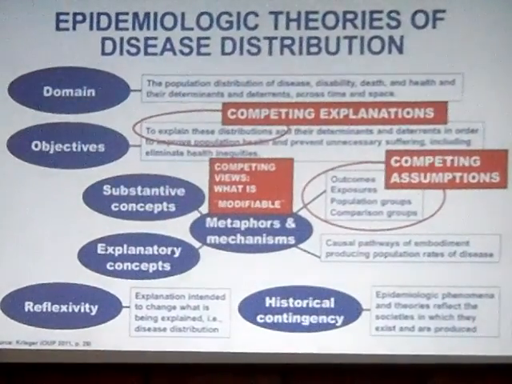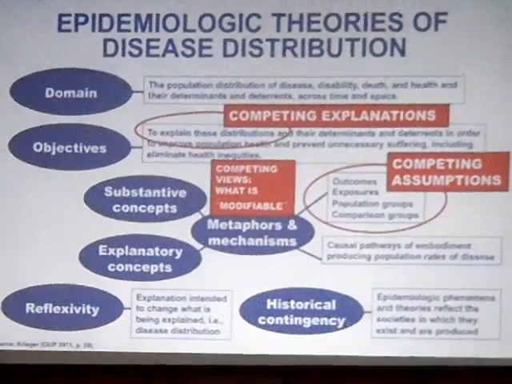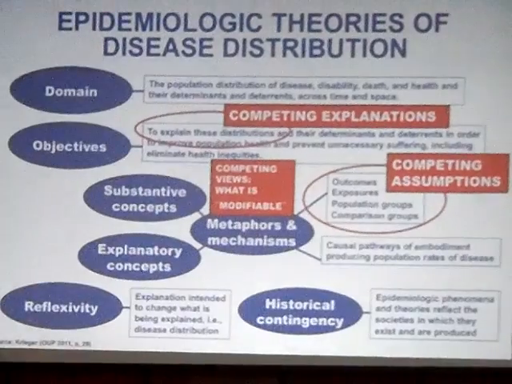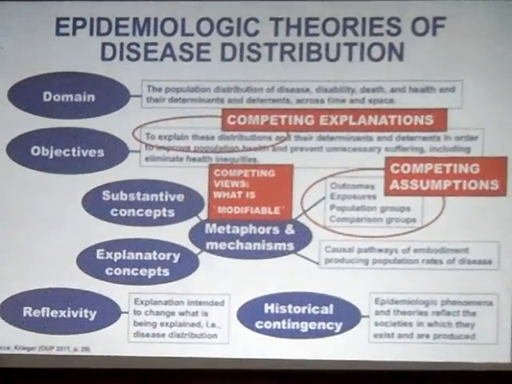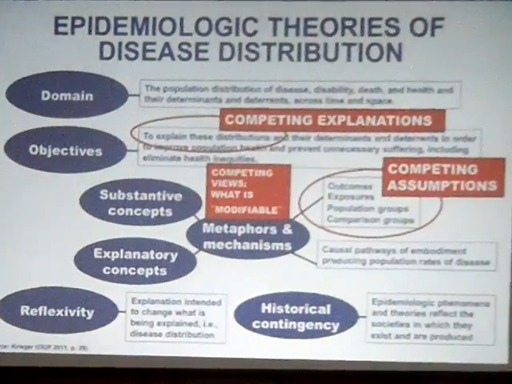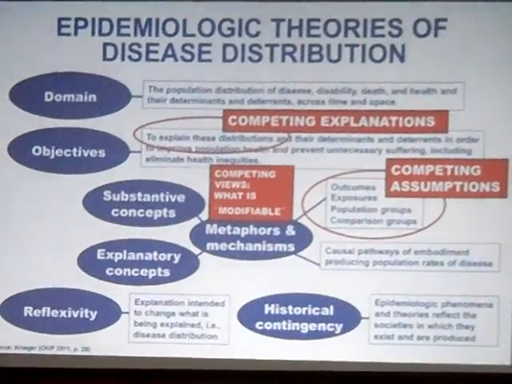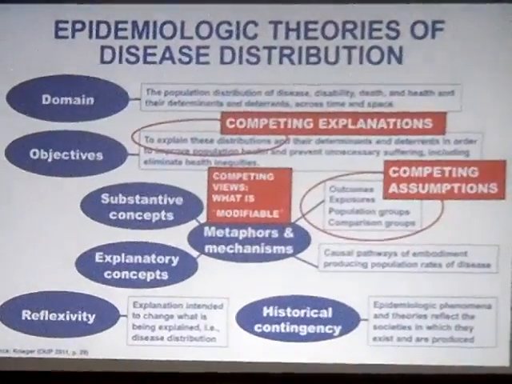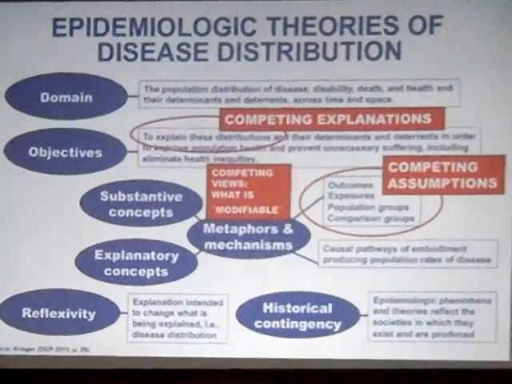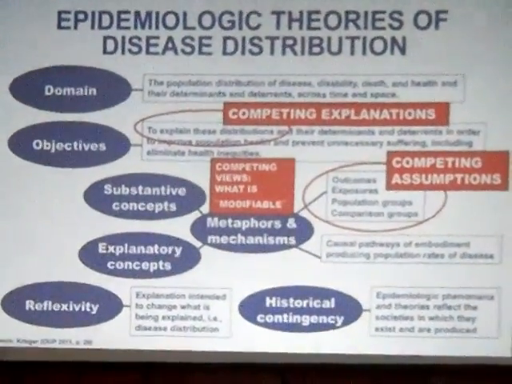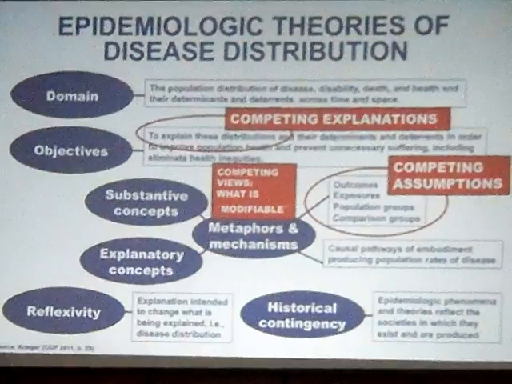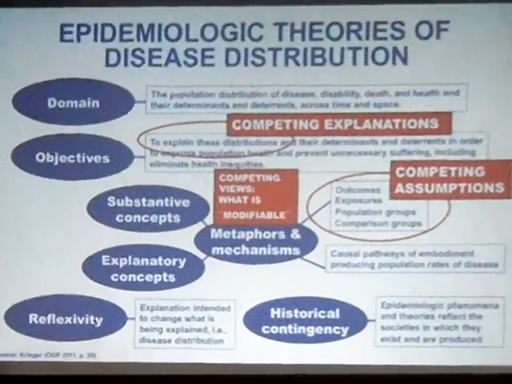They can have entirely different views on what they deem to be modifiable versus immutable, and they can have vastly different competing assumptions about who and what constitutes outcomes, exposures, population groups, and comparison groups. The net result could be very different causal inferences with very different understandings of what reflexivity entails, let alone attention to or disregard of historical contingency.